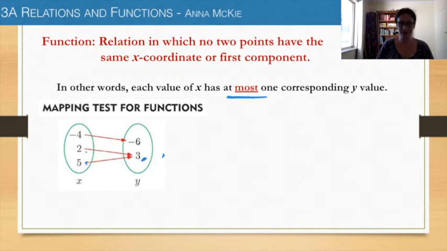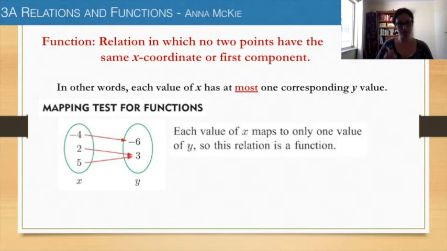Is that allowed? Yes, that is allowed because each individual x value has one corresponding y value. Let's look at an example where there's a double up of the x. Just to clarify this one, each value of x maps to only one value of y, so that relation is a function.